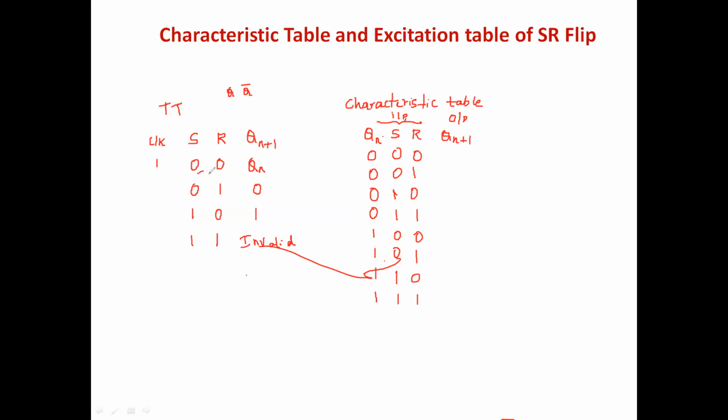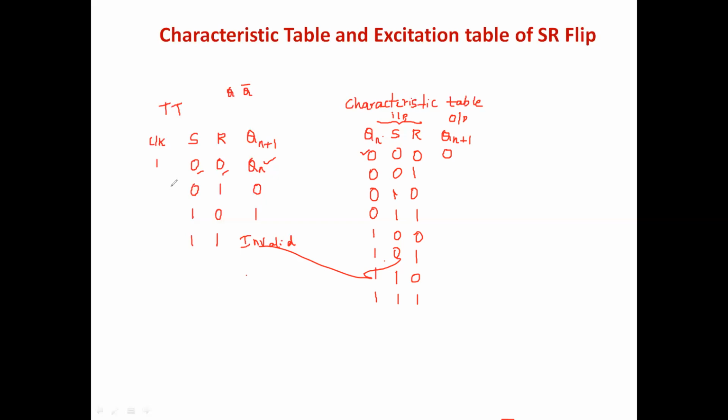When S is equal to 0, R is equal to 0, what is the output Qn plus 1? Qn plus 1 is nothing but Qn, that is, the previous output. So when S is equal to 0, R is equal to 0, I have to write Qn. But here I know the previous state is 0, whereas there I did not know what the previous state was. So the output is 0 here. Okay, so next, S is equal to 0, R is equal to 1.